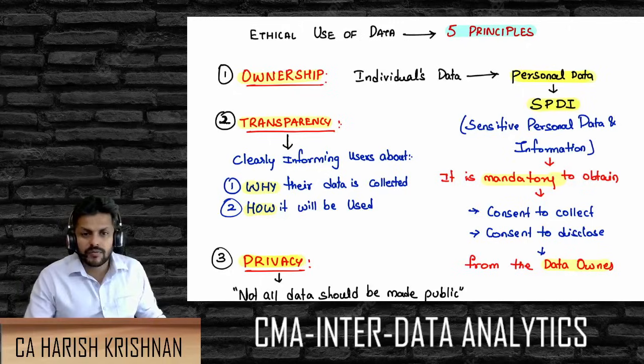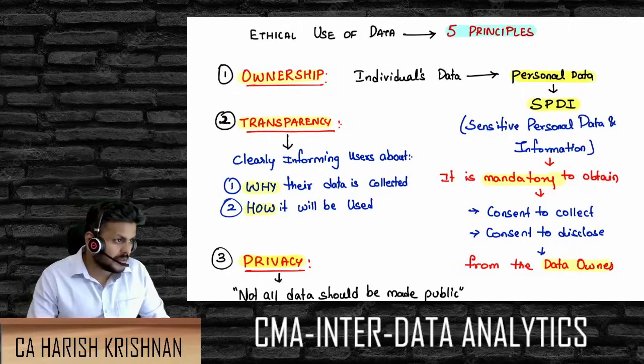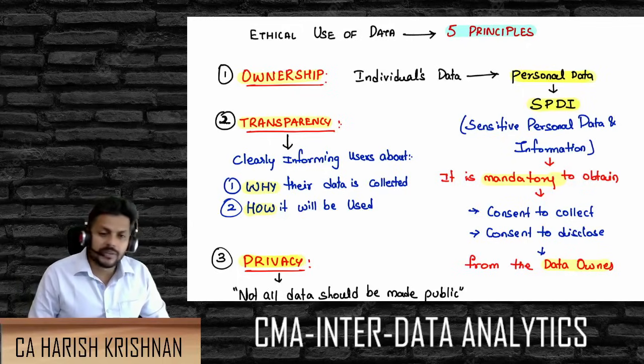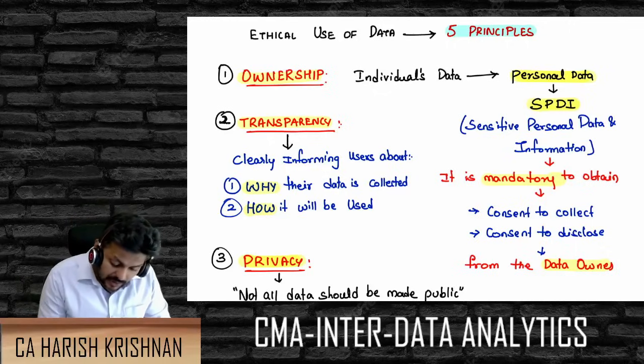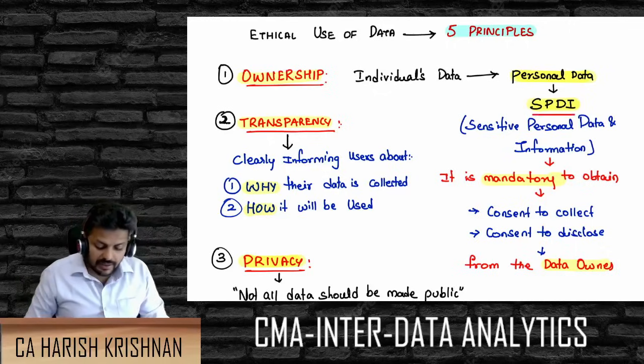So focus on what exactly the 5 principles are. The first principle is regarding ownership. Individual's data, which is the individual's personal data, sometimes SPDI, which is called sensitive personal data or information.